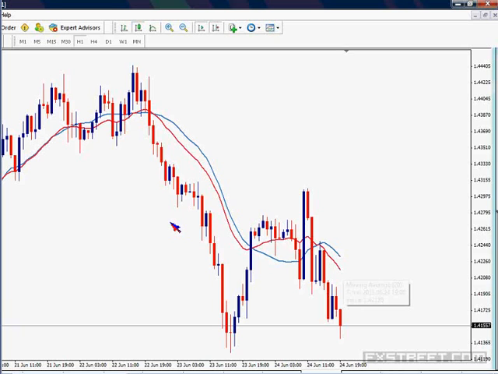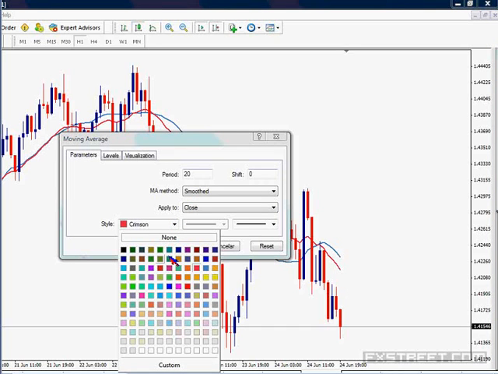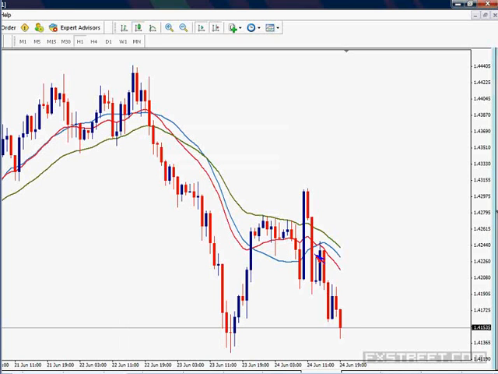Besides the exponential one, which smooths, we have another one that is the smooth moving average, but this one gives recent price the same weight as historical price. It's slower, in fact the slowest of all the moving averages, and I usually recommend using it with long-term periods to get better results.